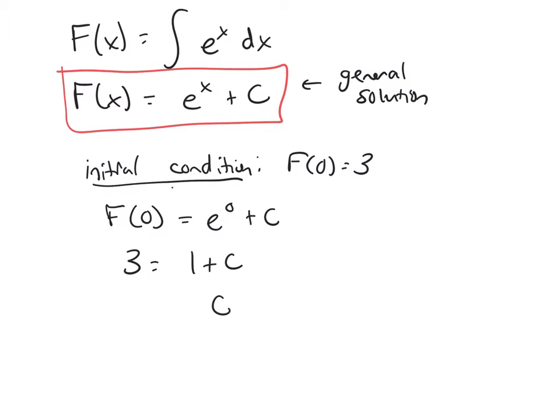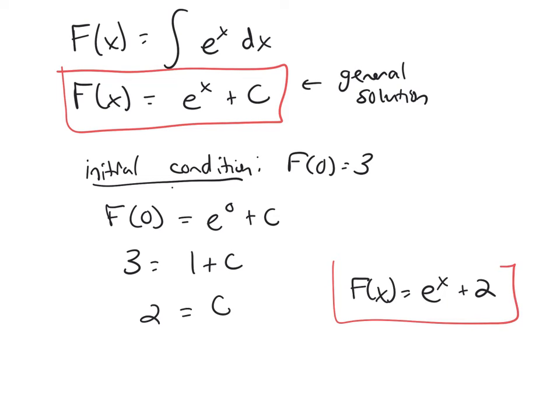So you can now solve for c. c is going to be 2. And so our particular solution is going to be e to the x plus c, which is 2. So this is our particular solution.